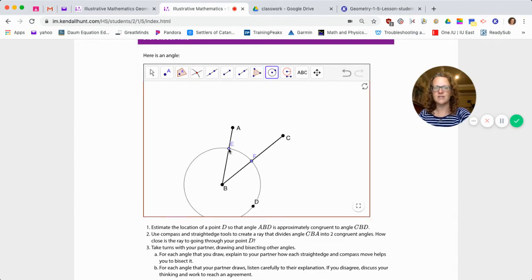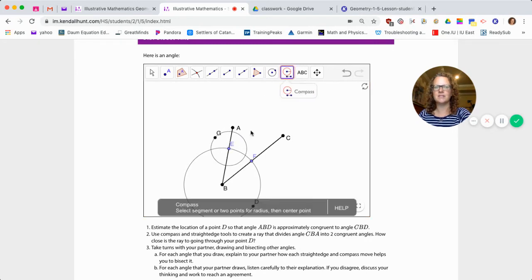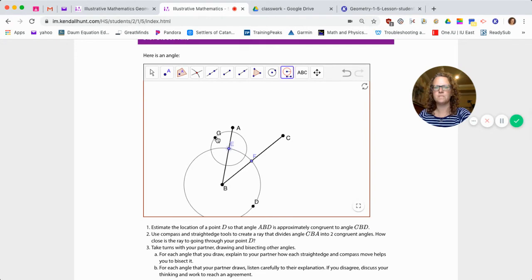So let's draw any circle at E, except I want the dot to be over here. And then copy that circle and put it at F.